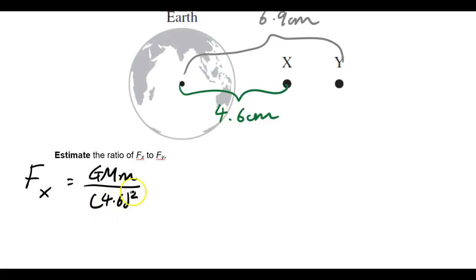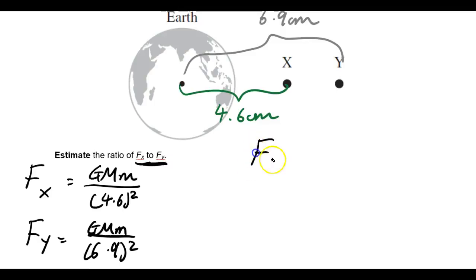So SI unit or not is not that important. Whereas my Fy will be GMm divided by the distance over here, 6.9 squared. So you have to know the ratio of what, x to y, so you must be strictly Fx to Fy. You cannot make it the other way around. Fx to Fy.